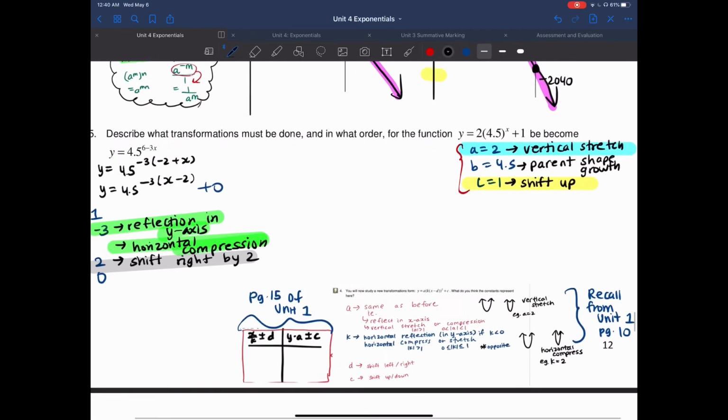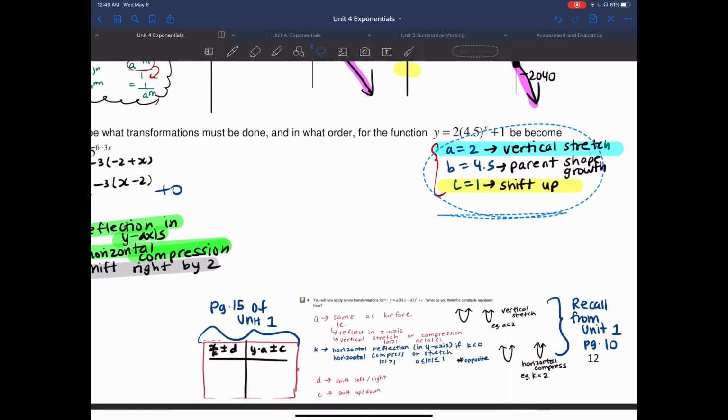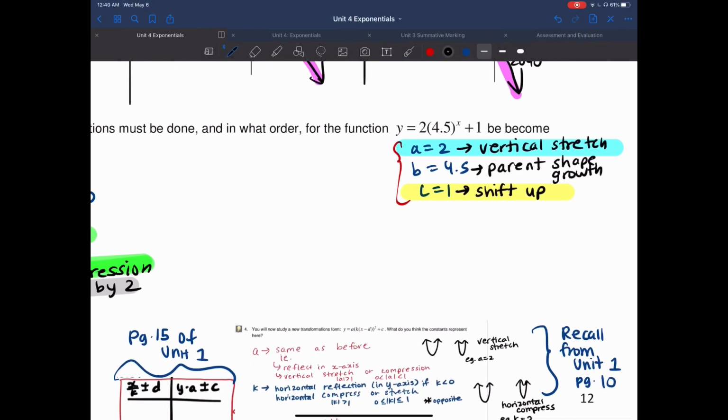Okay, so first I'm going to try to undo some of these operations, and then I'm going to put on these transformations. So my first step is, well, I need to work backwards, and it's kind of like BEDMAS backwards, which means that you have to deal with addition and subtraction first. And so that means I'm going to try to get rid of that shift up.